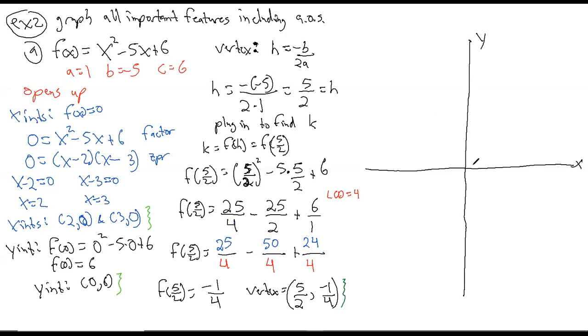So let's go a half, 1, 1.5, 2, 2.5, 3, 3.5, 4. I'll mark the holes. Then the y values, we need to go up to 6. And again, I'm going to go in halves. We also need to go down at least 1. So a half, 1, 1.5, 2, 2.5, 3, 3.5, 4, 4.5, 5, 5.5, 6.